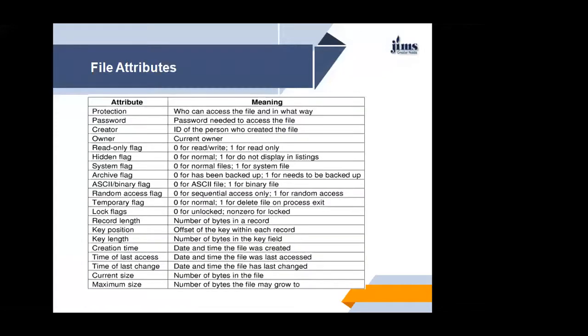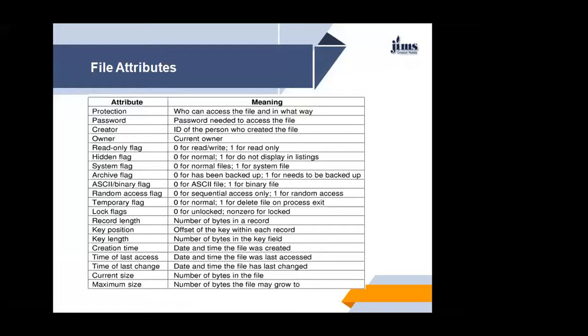These are the file attributes. What are the file attributes? Protection: who can access the file and in what way. Passwords needed to access the file. Creator: ID of the person who created the file. Owner: current owner.